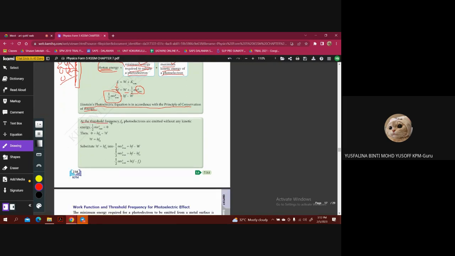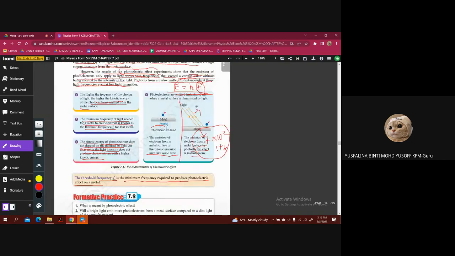At the threshold frequency f0, photoelectrons are emitted without any kinetic energy. The threshold is the minimum frequency. As an example, let's say it is 7 times 10 to the power of 2.